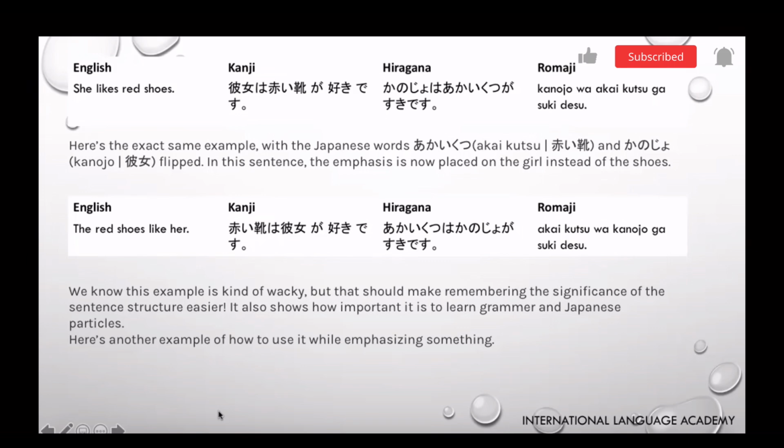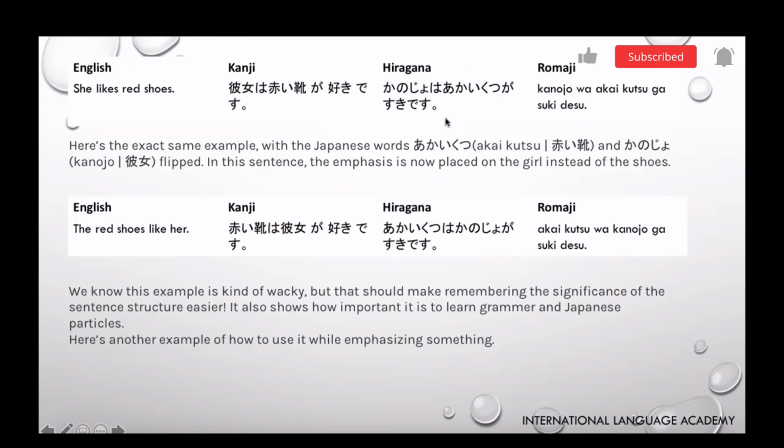So let me explain this example clearly. In English we say, she likes red shoes. Who likes red shoes? She does, right? When you write it in Japanese, we say 彼女. 彼女 means she in Japanese. 彼女は, in here we have used wa as a topic marker, right?